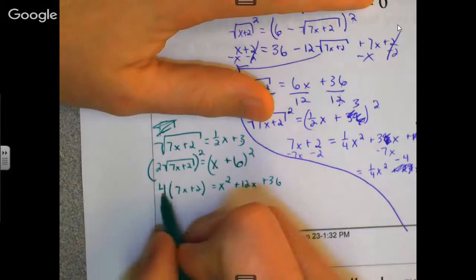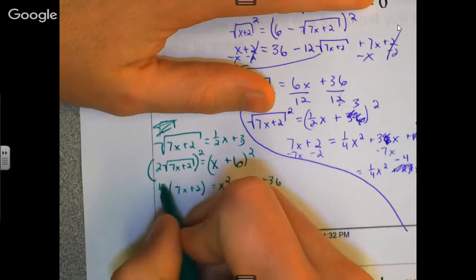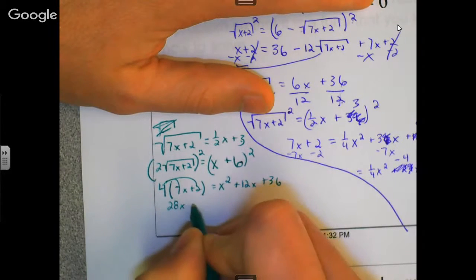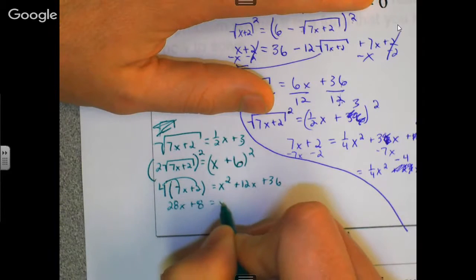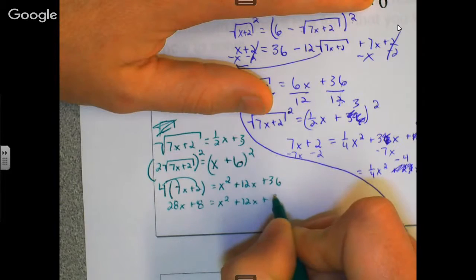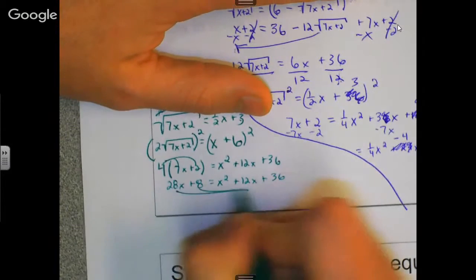Now I don't want to divide by 4 here, because if I do, I'll just get 1/4 here again. Okay, so distribute. You have 28x plus 8 equals x squared plus 12x plus 36. Move everything to one side.